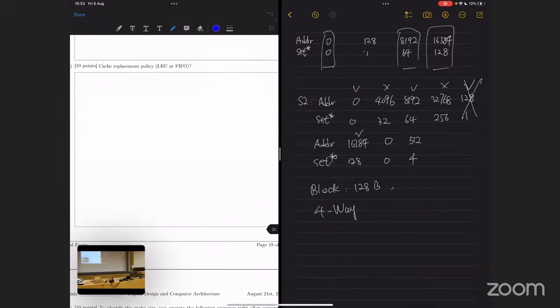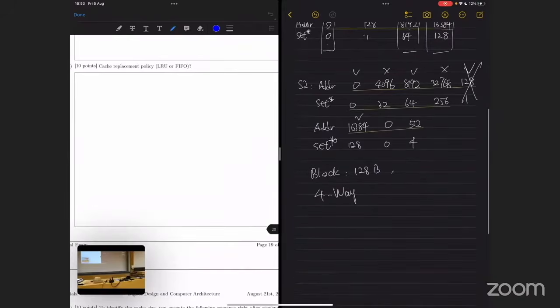So the first access to 0 will hit in the cache, and the second access to 4K will miss, and it will insert another line, this 4K line, into the set.